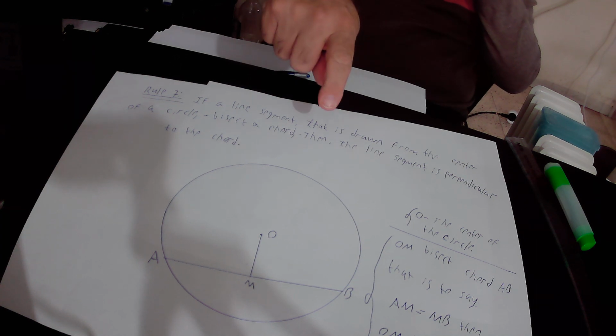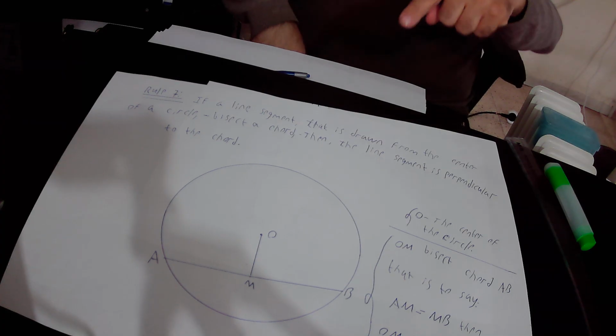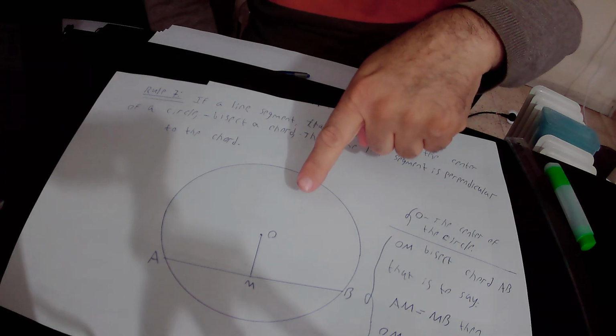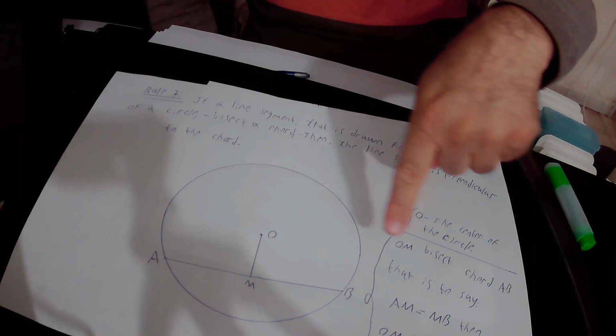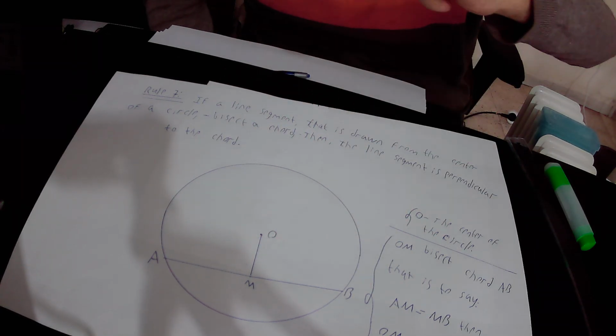Here point O is the center of this circle. From point O, we draw line segment OM that bisects chord AB. That is to say, AM equals MB.